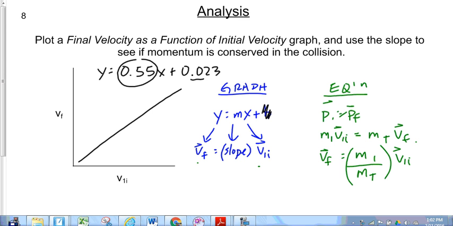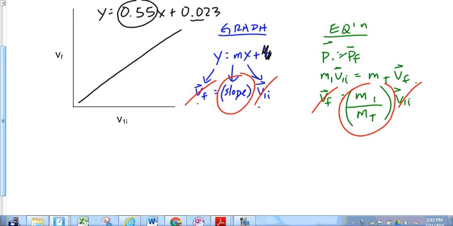I want you to cross off variables that appear in both. vf appears in both. vi appears in both. What are we left with? Slope and m1 over mt. That means the slope of this graph is equal to mass 1 over the total mass.